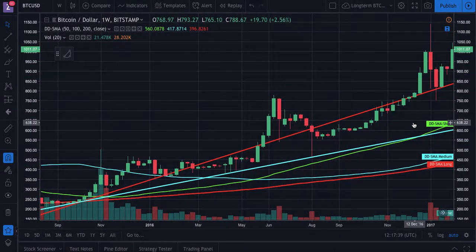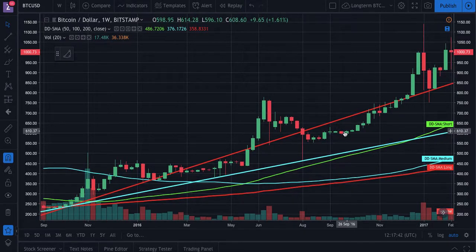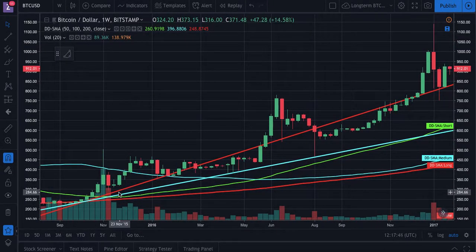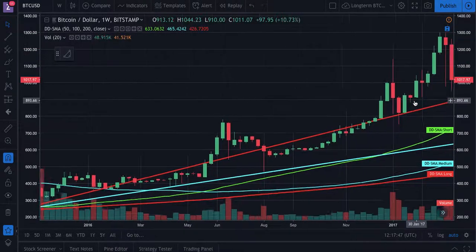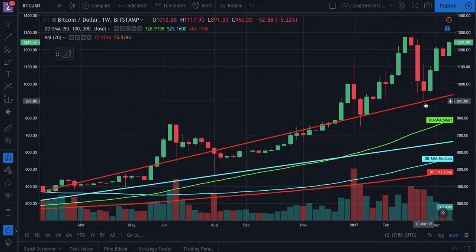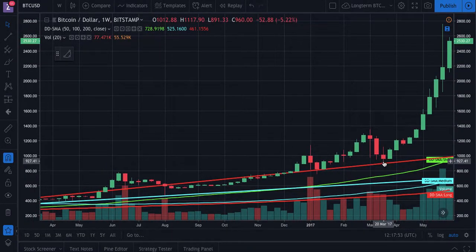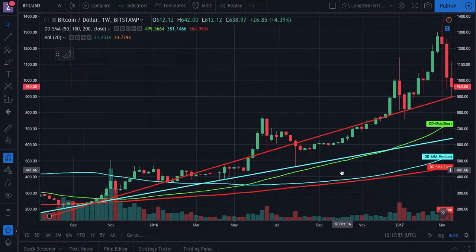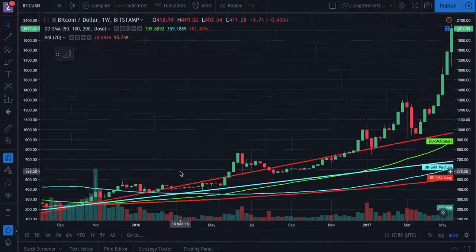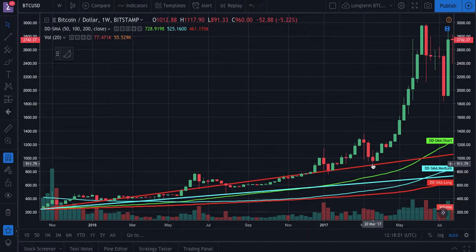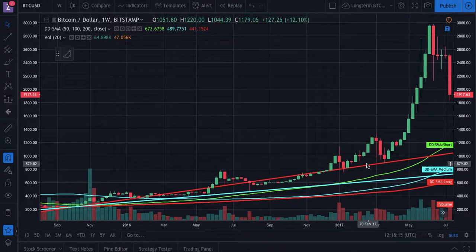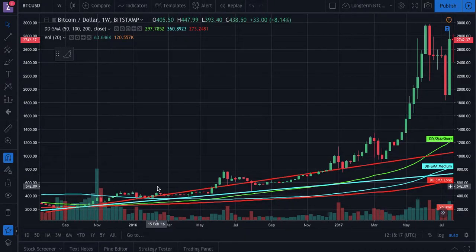But the thing is, we didn't go straight away parabolic here, so that's why I drew this secondary line where we've got a few touches until here before we go parabolic. This timeline is September 15th till March 7th, 2017, so around 1.5 years. So we got a healthy trend line going for 1.5 years.